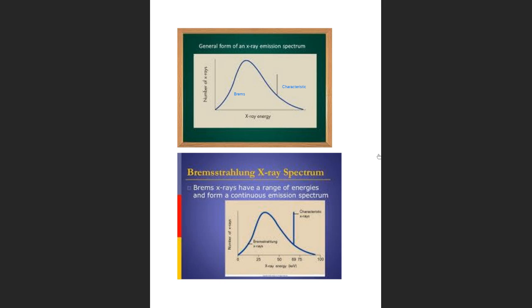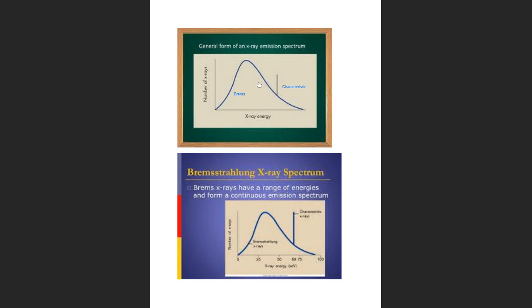But we do know that at any energy level we will always be producing BREMS, because BREMS are not energy dependent. BREMS X-rays are created at any energy level. So we'll always have BREMS X-rays, and characteristic only at specific energies.